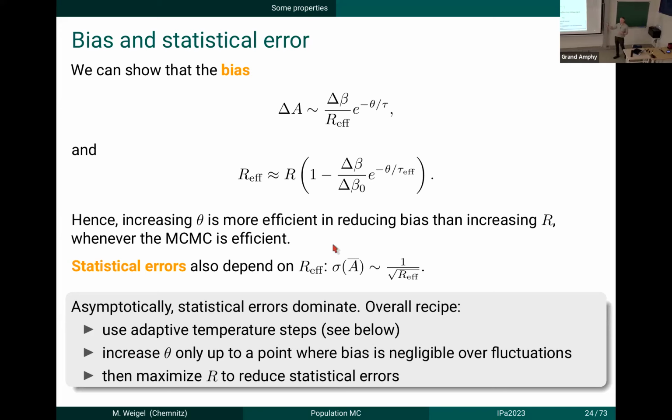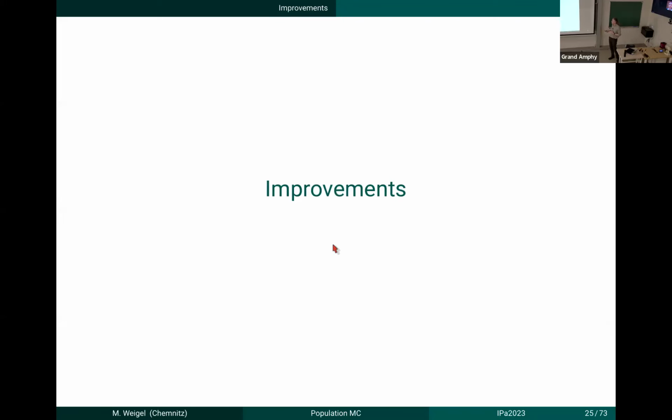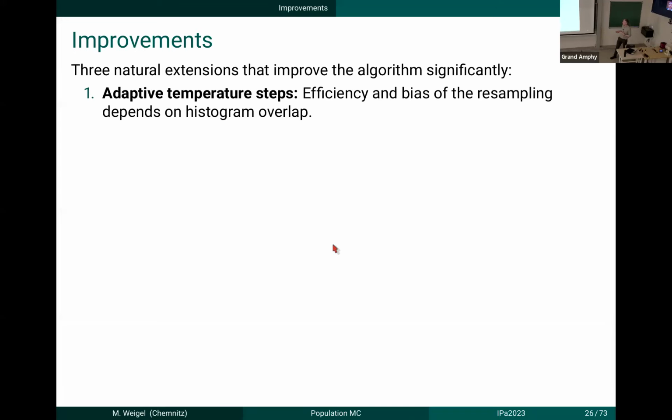And then you should, with a fixed computational budget, maximize the population size that you have to get the best estimates, because the estimates are population averages, right? So that's the rule of thumb that can be deduced.